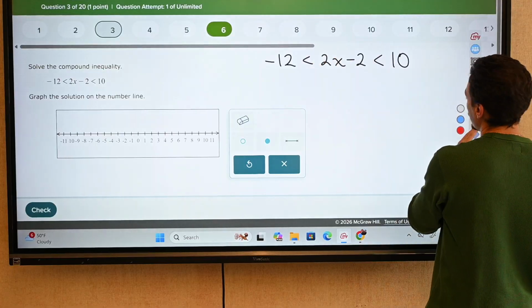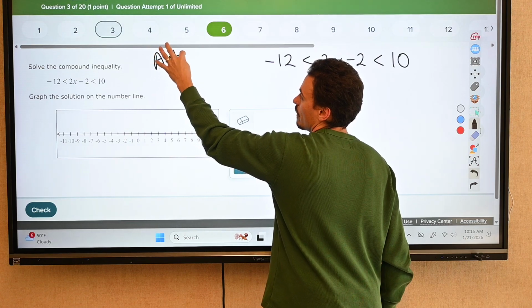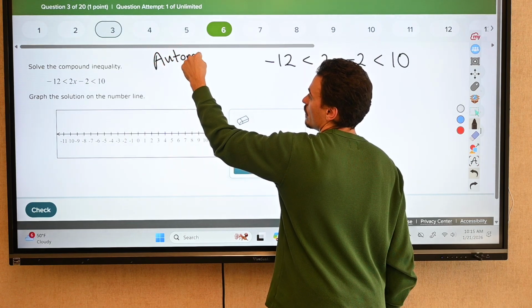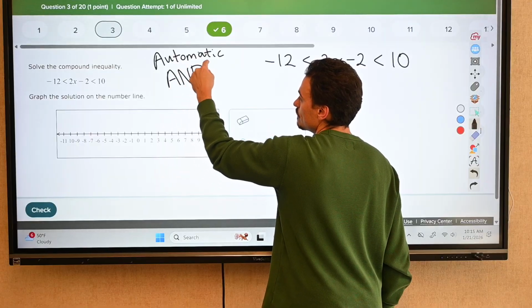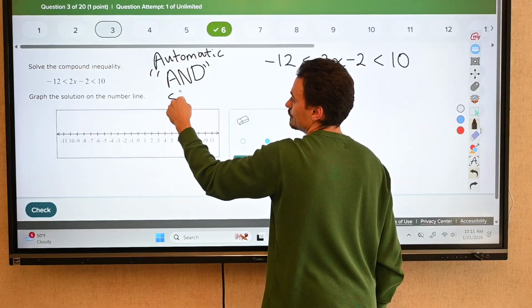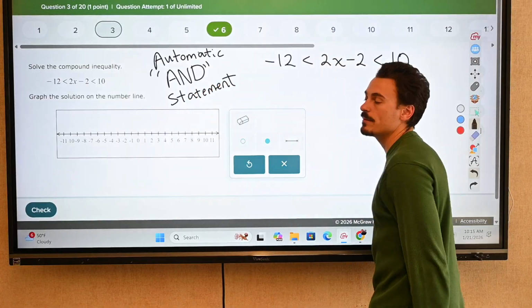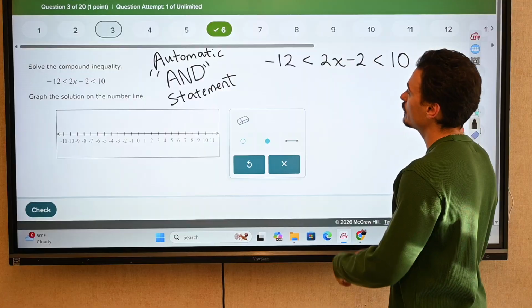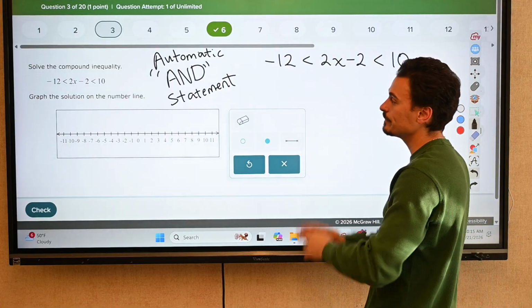Whenever you have one that looks like this, it is automatically an and statement. You're assuming that x is going to be doing both of these things at the same time.